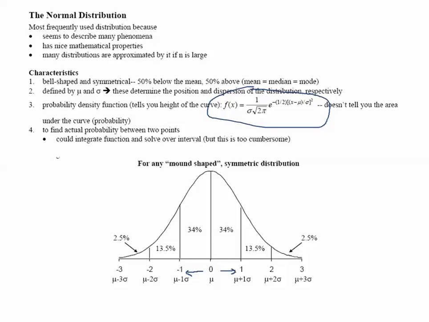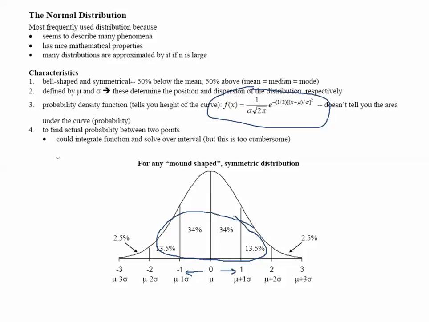If we go two standard deviations to the right and two standard deviations to the left, 13.5% plus 34%, times 2 because it's both sides of the distribution, gives us about 95% of our possible outcomes.